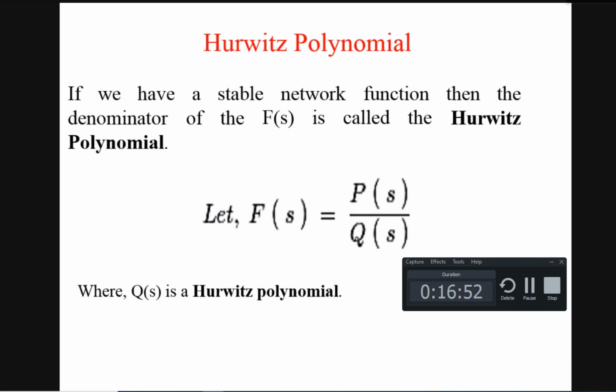Then Hurwitz polynomial. If we have a stable network function, then the denominator Q(s) is called a Hurwitz polynomial. In other words, if the denominator is a Hurwitz polynomial, that is a mandatory condition for F(s) to be stable. So Q(s) is a Hurwitz polynomial if F(s) is a stable function.